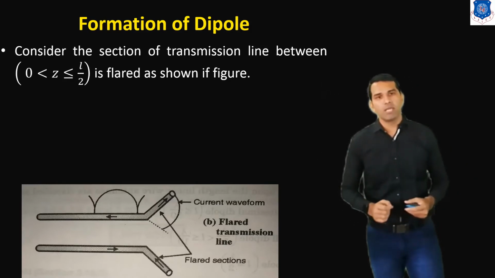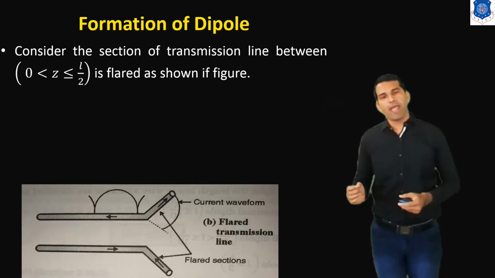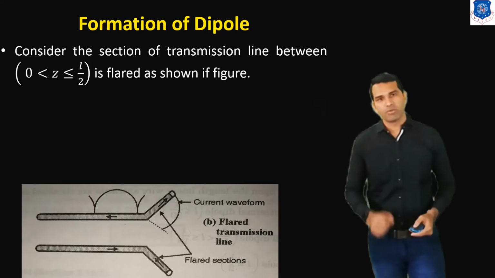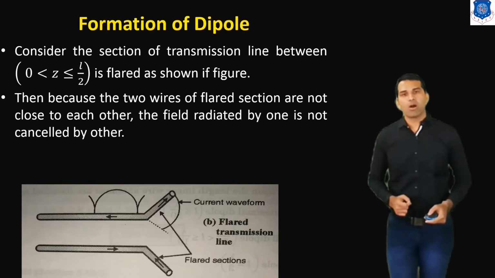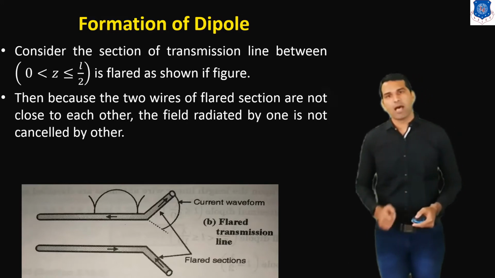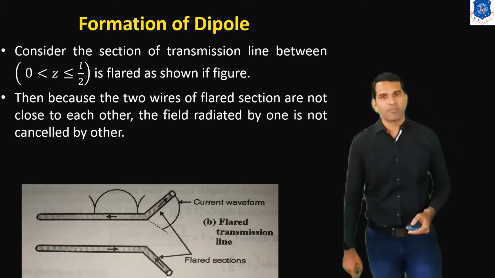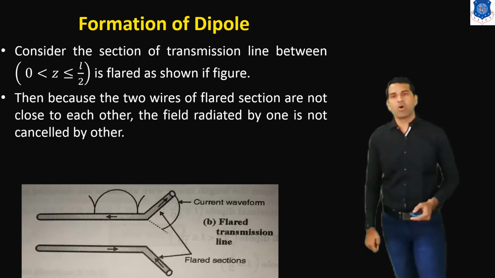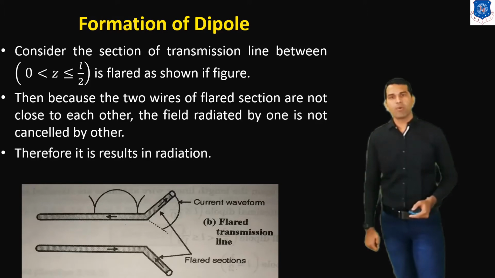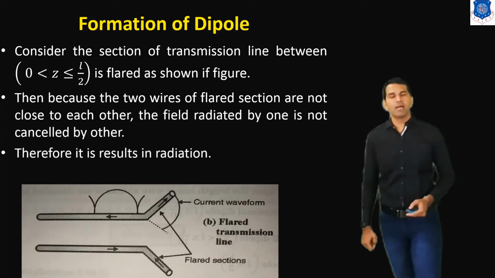Now we have given the flaring at the end of the two-wire transmission line. Because the two wires of the flared section are not close to each other, the field radiated by one is not cancelled by the other. Therefore it results in radiation.